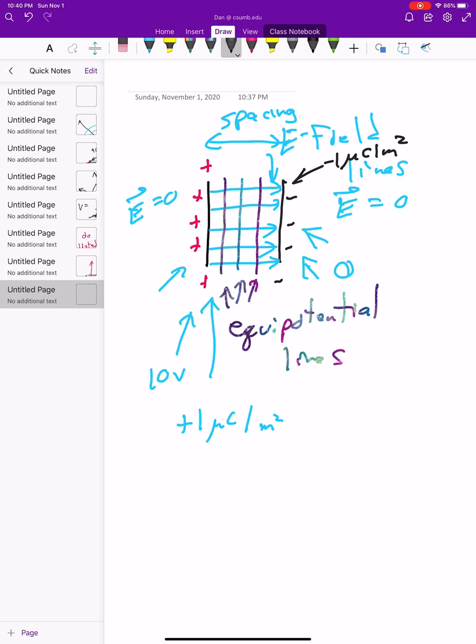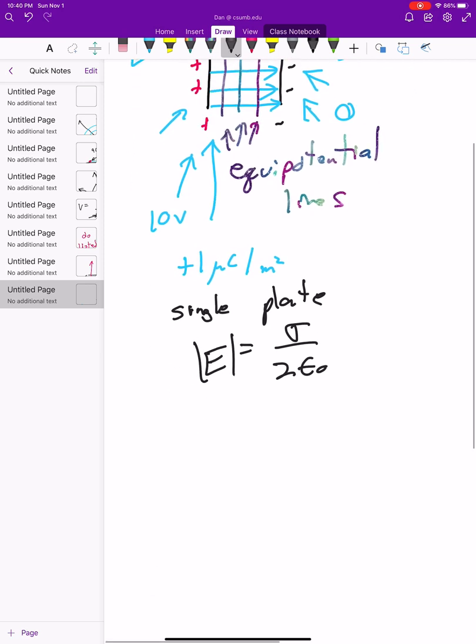And so we know for a single plate that the electric field, the magnitude of it, is going to be equal to sigma over 2 epsilon 0. That's what we came up with in class the other day.